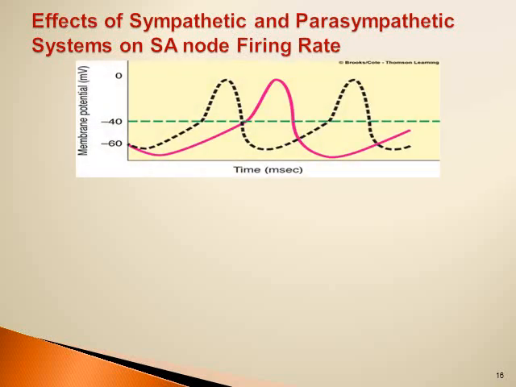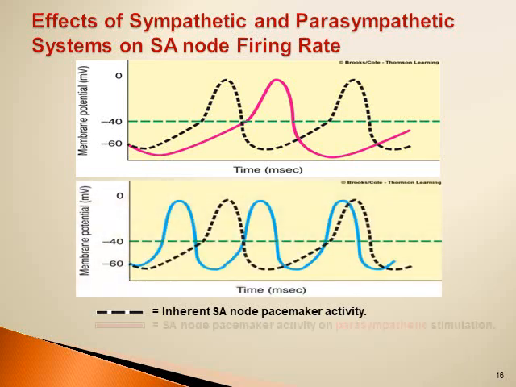So if we have a look at this part of the figure, the black dashed lines are the action potentials at the normal rate in the SA node. And then if the parasympathetic system is stimulated, the SA node pacemaker activity will decrease because the pacemaker potential will change.